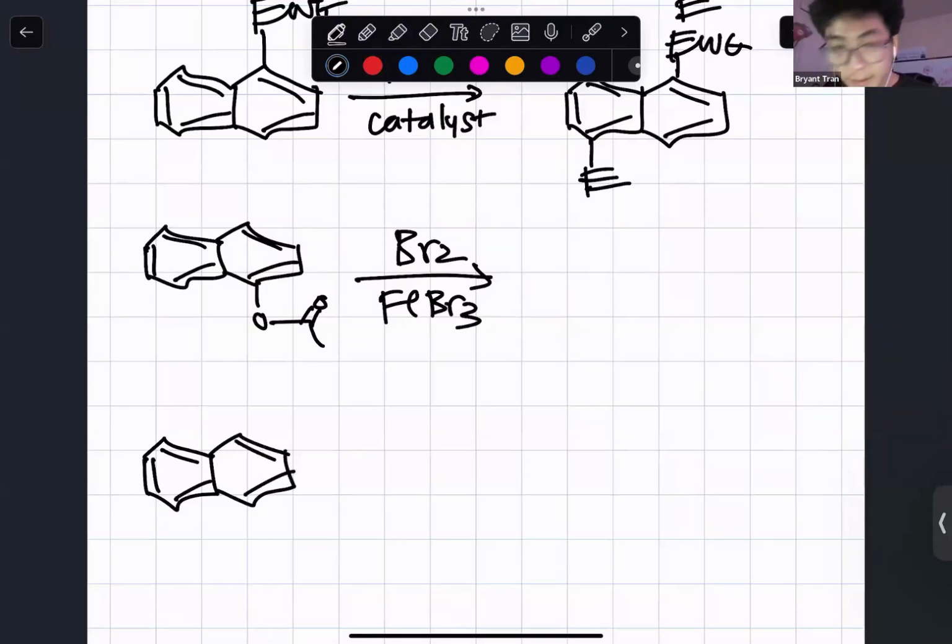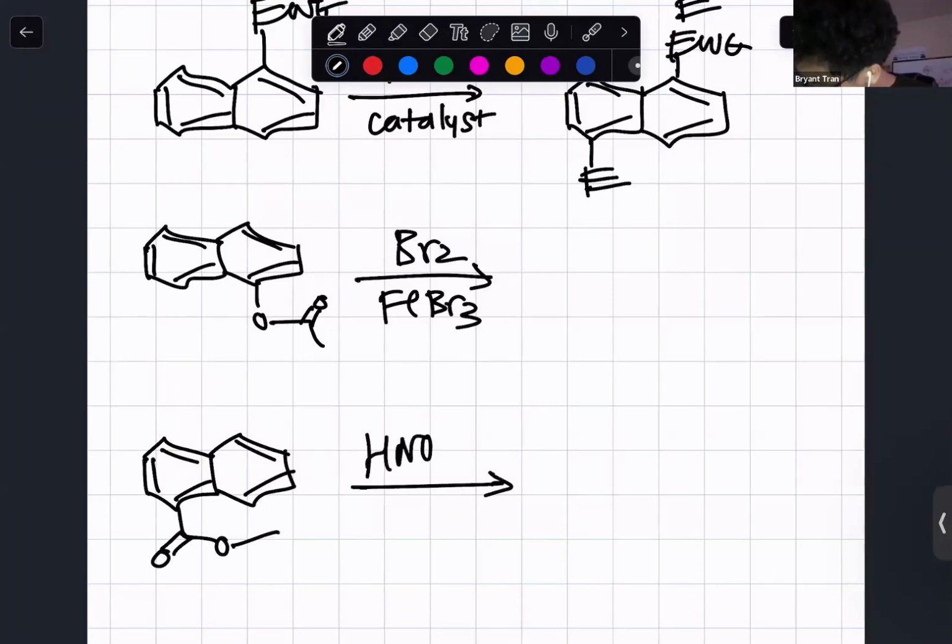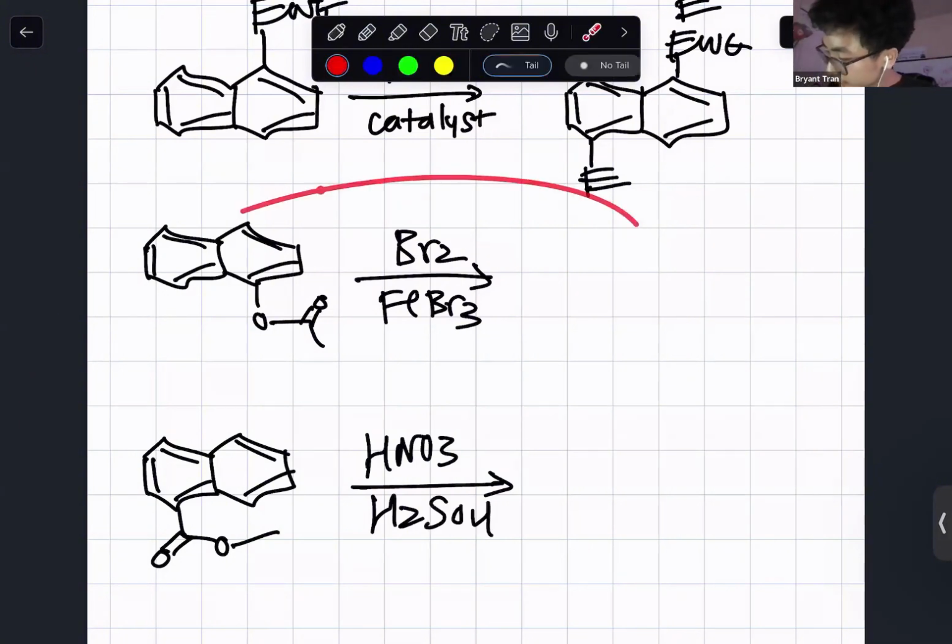Benzene would just be 1 ring. Naphthalene would be 2 rings like that, right? So if I have this naphthalene here reacting with this and HNO3, H2SO4, predict the product for these 2 naphthalene reactions here.